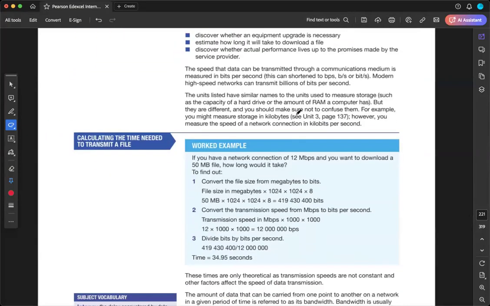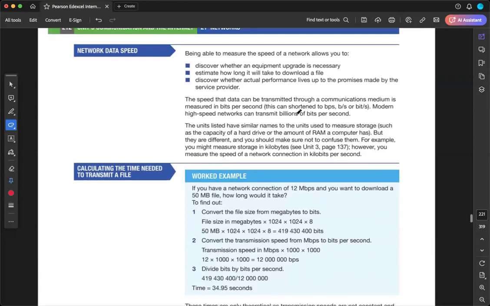Okay, now we are going to look at data transmission speed. Being able to measure the speed of a network allows you to discover if an equipment upgrade is necessary. Yes, like what happened? I'm using an internet of 20 MB, and I feel the internet speed is slow because I'm teaching in many countries.